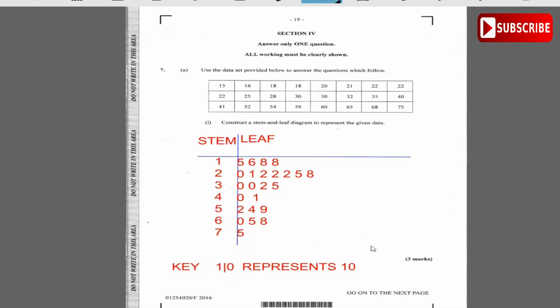So that's the key. Maybe if you want, you could tell them that something like 1, 5 represents 15. Okay. So give them the key.